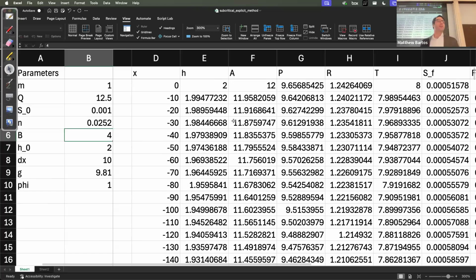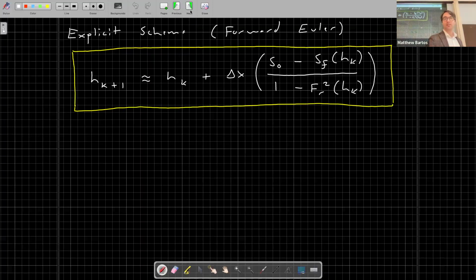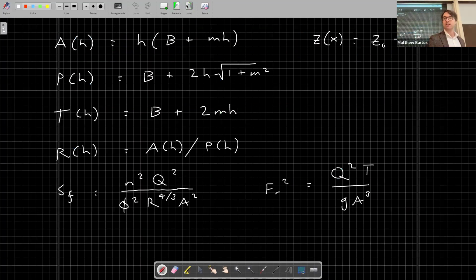All right, so is anyone having issues getting your Excel sheet set up or computing correctly? Z naught was 0, so yes.